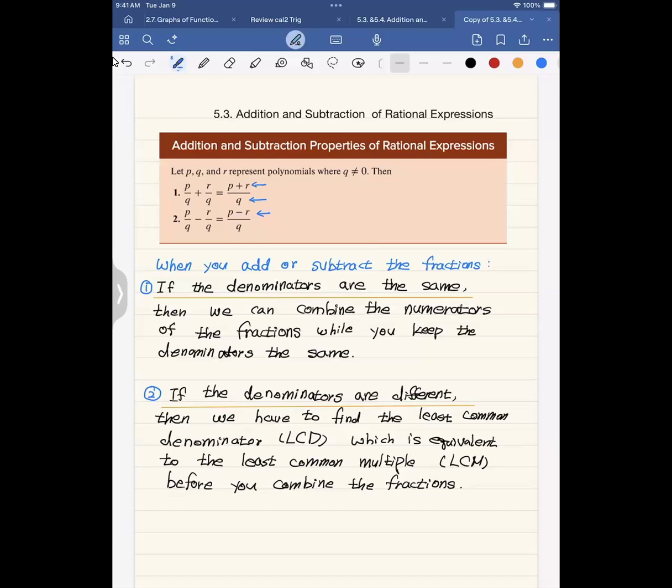However, if the denominators are different, then we have to figure out the least common denominator. The least common denominator is the least common multiple of what appears in the denominators in the two fractions.